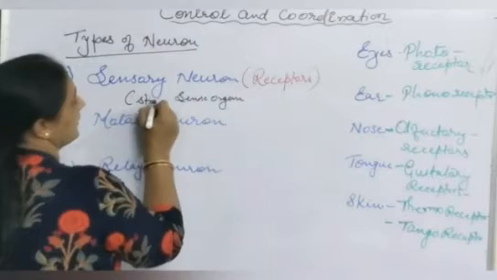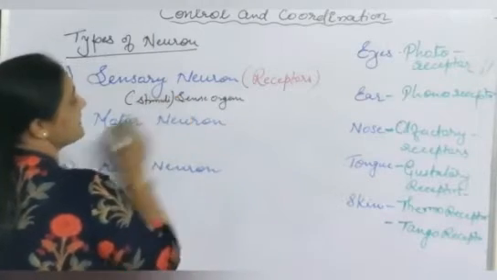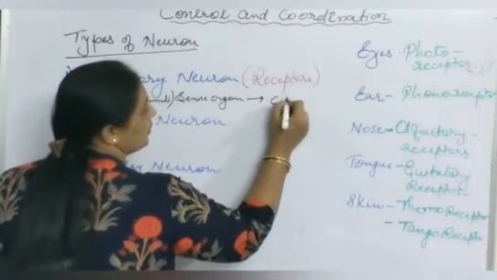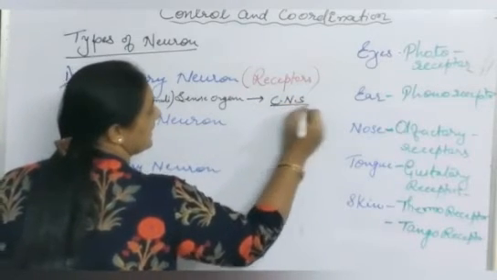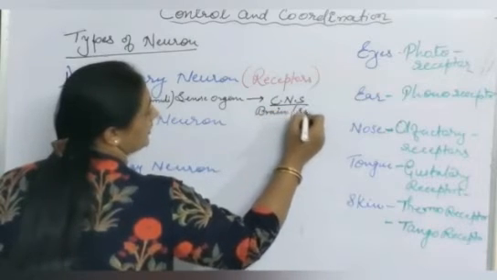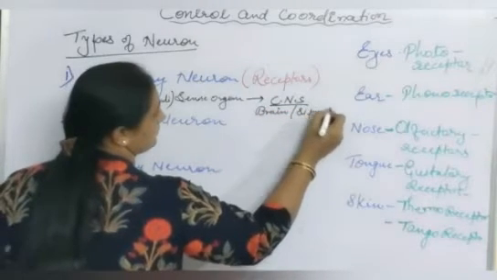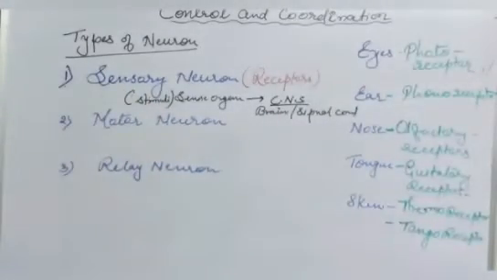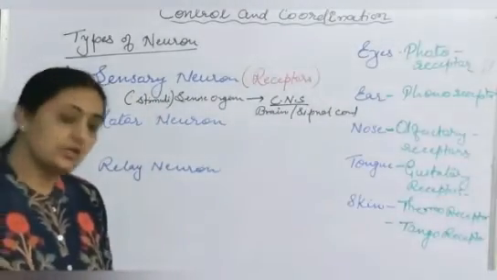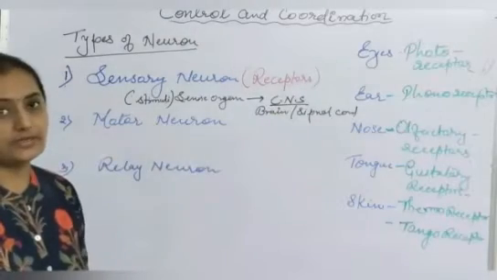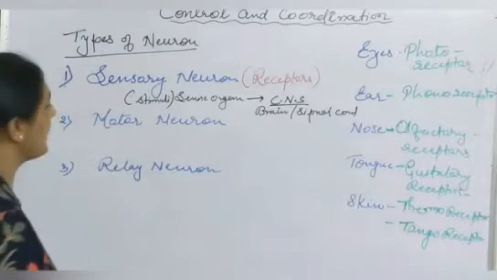Stimuli. They receive stimuli from the sense organ and carry it up to the central nervous system, that is brain or spinal cord. That is the role of sensory neuron, to receive stimuli from the sensory region and pass it to the central nervous system.